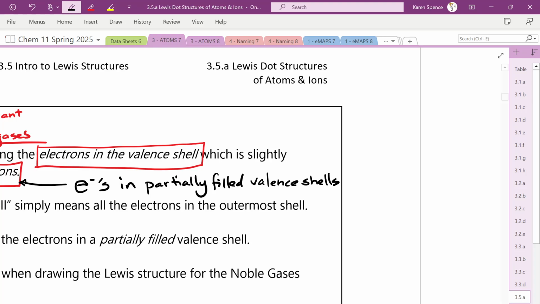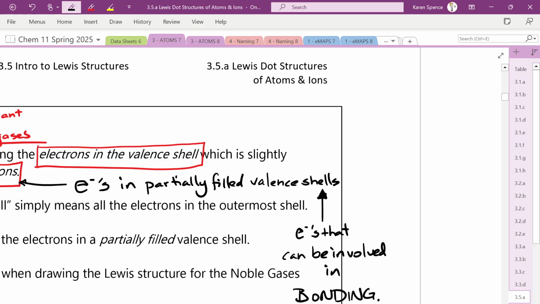They are electrons that can be involved in bonding. So for every other group, for group 1, you have one valence electron and you have one electron in the valence shell. They mean the same thing. For group 2, you have 2 electrons in the valence shell and you have 2 valence electrons. Same thing, all the way across.